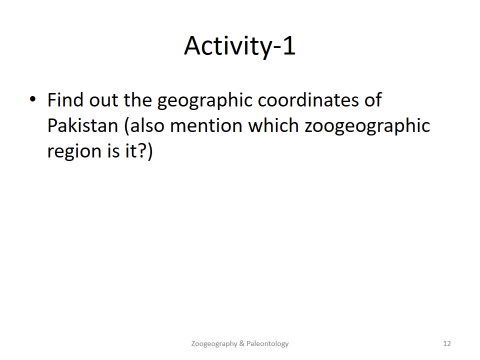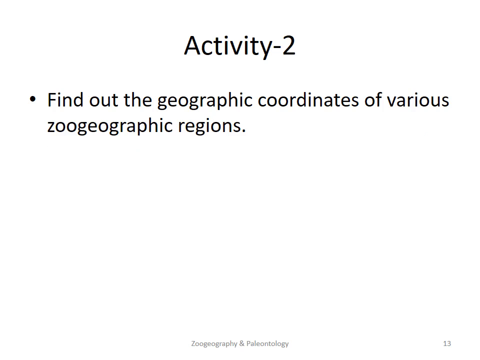For this activity, students can use the above given map of the world and the link given in the above slides. The same knowledge students can utilize to find out the geographic coordinates of various zoogeographic regions.